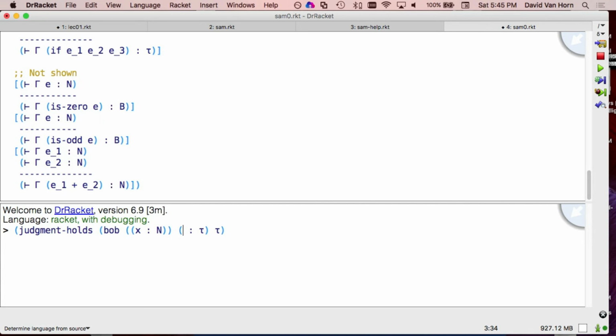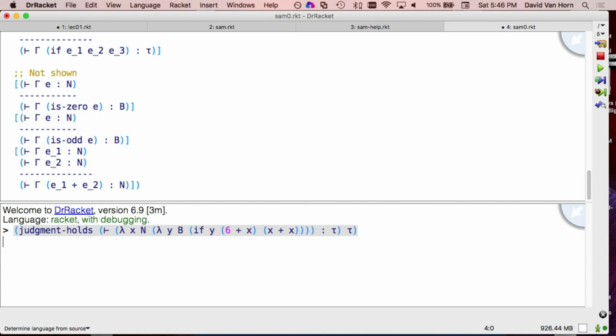Let's do something a little more involved. So maybe we'll write a function that takes in a natural number, and it produces a function that takes in a Boolean, and then if the Boolean, it will do 6 plus x, otherwise we'll do x plus x, right?